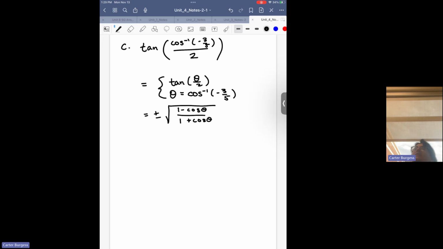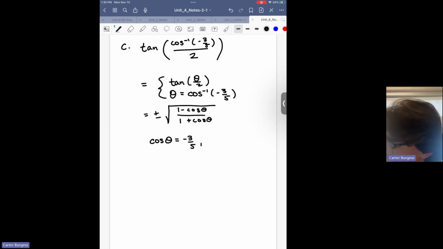Sorry, you're skipping a step that's going to feel very, very painfully obvious. But I want us to get used to doing this. I'm trying to rewrite what I have here. What's another way of saying that theta is equal to cosine inverse of -3/5? Cosine of theta is equal to -3/5.